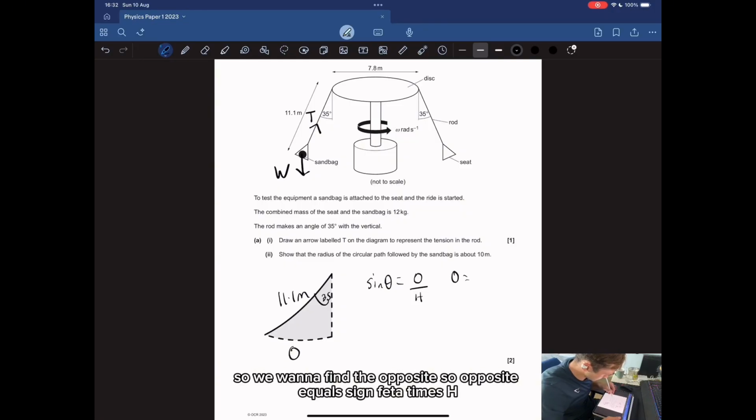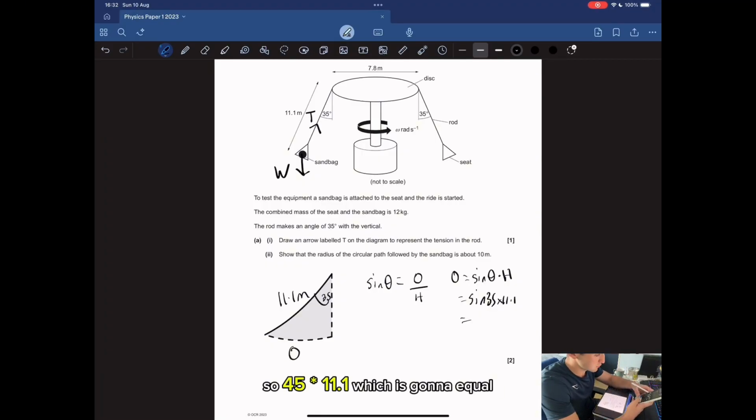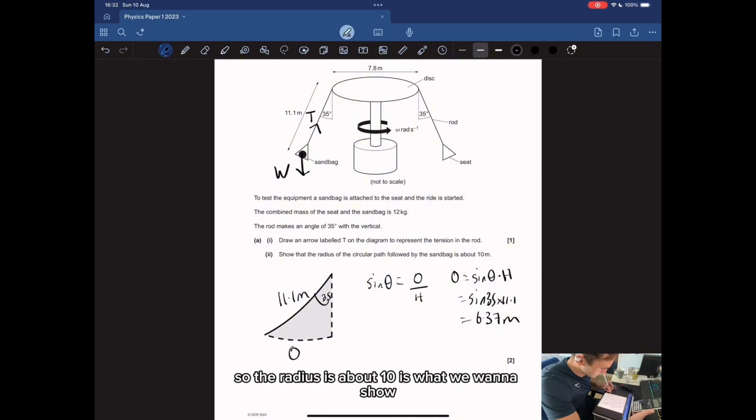So opposite equals sine theta times h, which equals sine 35 times 11.1, which is going to equal 6.37. So the radius is about 10 is what we want to show.